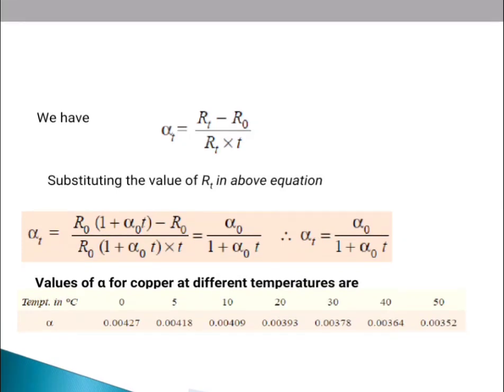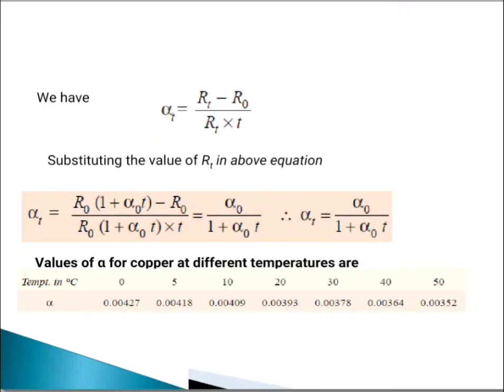By solving this equation, we get alpha t is equal to alpha 0 divided by 1 plus alpha 0 into t. Alpha 0 is the temperature coefficient at 0 degree Celsius, t is the temperature, and alpha t is the temperature coefficient at t degree Celsius.